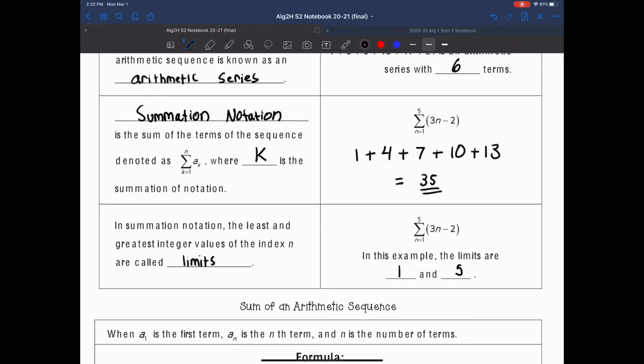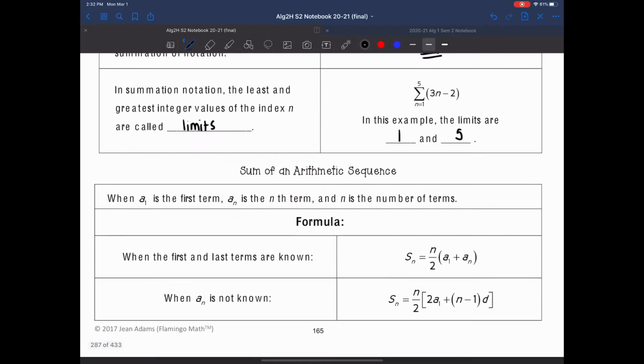All right, moving down, now we have the sum of an arithmetic sequence. So we're going to talk about some more formulas and how to use them. When a sub 1 is the first term of an arithmetic sequence, a sub n is the nth term, and n is the number of terms. Here are the formulas we're going to use when we're finding the sum of arithmetic sequences.